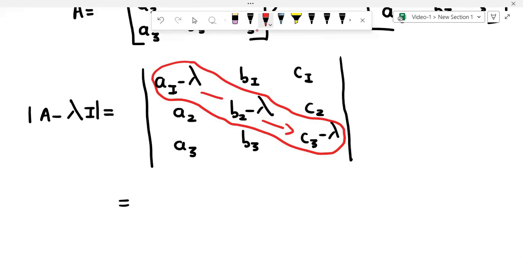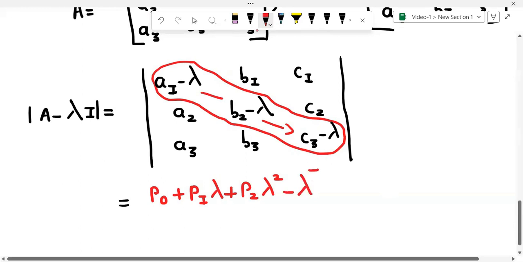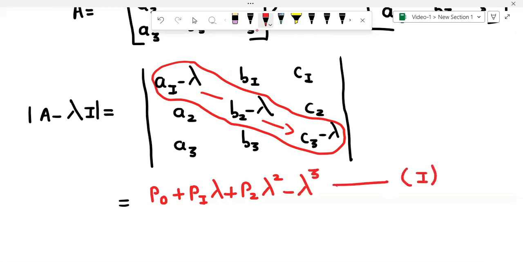So we can write the determinant of A minus lambda I as a polynomial of lambda: P0 plus P1 lambda plus P2 lambda squared. Instead of writing P3 lambda cubed, since I know the coefficient of lambda cubed equals -1, I'm writing it as minus lambda cubed. I name this equation 1.